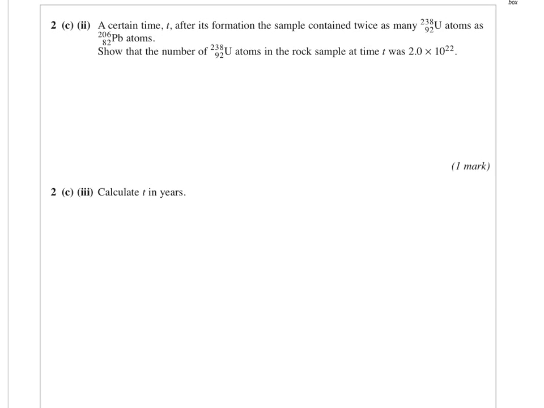Okay, at a certain time after its formation, a sample contained twice as many 238 atoms as Pb. So that means that we can get an algebraic expression. We know that U plus Pb is equal to 3 times 10 to the 22, because that's the total number of atoms.